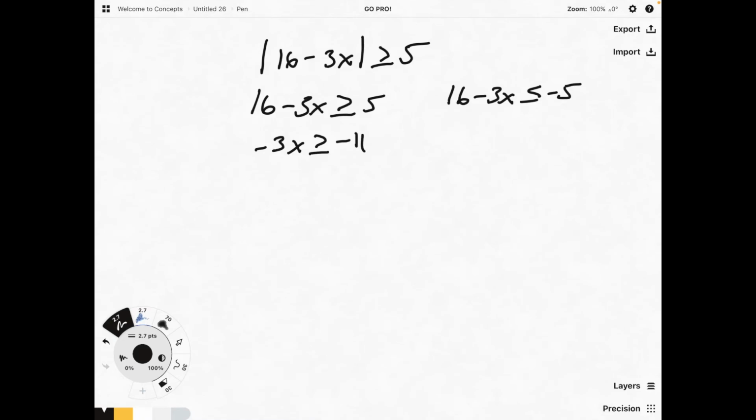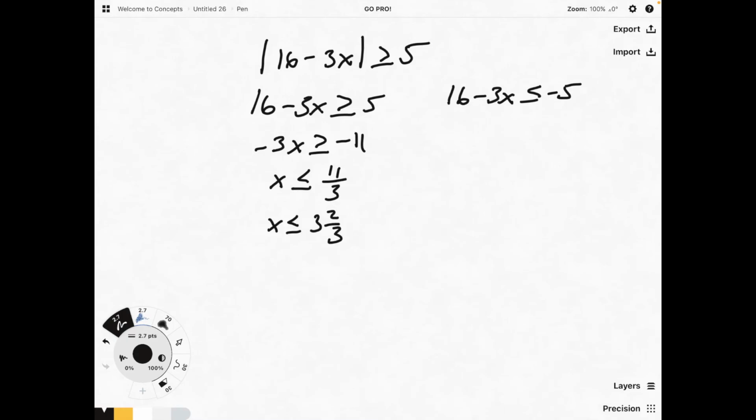And then we need to divide by a negative. When we divide by a negative, we need to flip the sign, so we get x, which is less than or equal to, and then a negative divided by a negative gives us a positive, which gives us 11 over 3, and this can simplify down to 3 2/3.